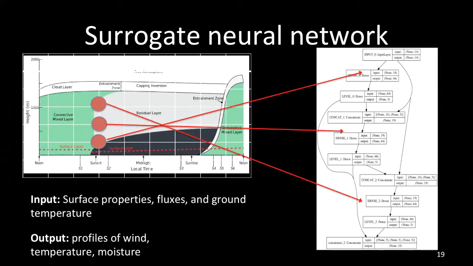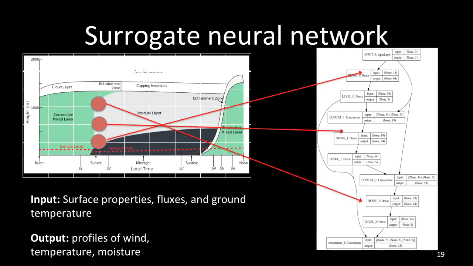Then we connect the output of that MLP, along with the input, to give input to the next level. That is this MLP. Then we take the output of this MLP and connect it to the input layer, and do another MLP and the prediction for the output.